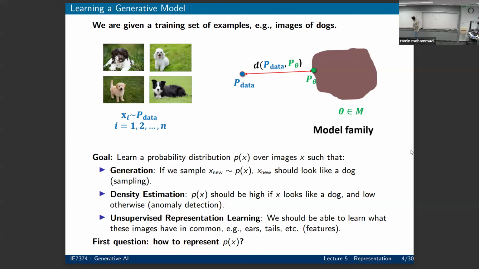It has learned that the dimension of royalty is this way. So if you search for princess, you should find it in the same direction. If you go from here to here, this dimension is gender.